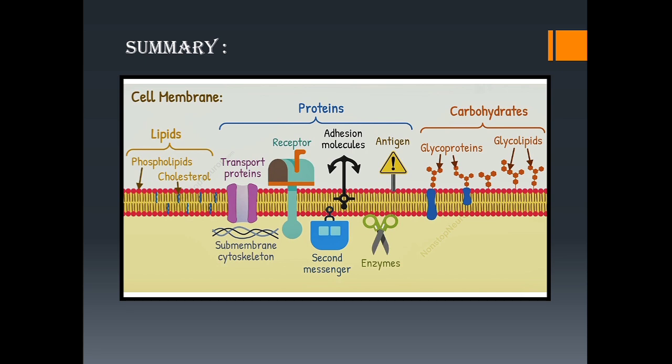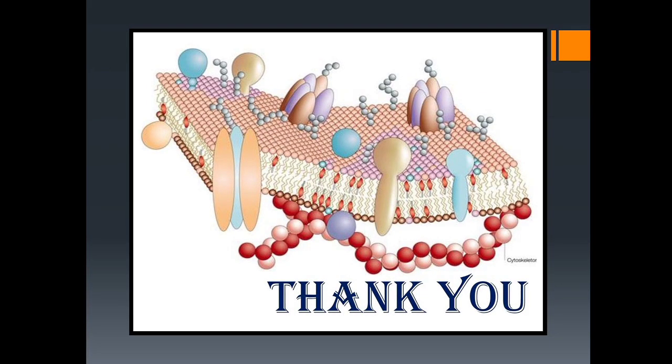The carbohydrates look like a network-like structure, like pin-like structures attached to pathogens and harmful materials. It protects the cell from various threats and pathogens, and it also helps in the immune reaction.